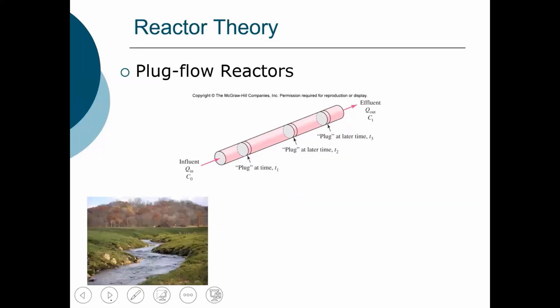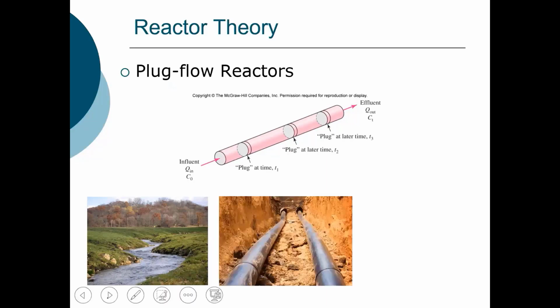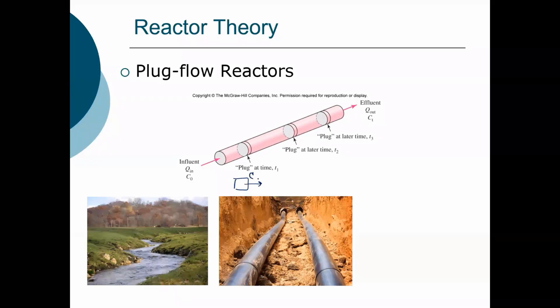So we can model a river. Back in 280, when you modeled the reaction kinetics in a river, what you used was plug flow. So we can use the same model in a pipe. Same thing. We talk about a piping network. We talk about the distribution system. So for instance, at the treatment plant, we have a concentration of chlorine.